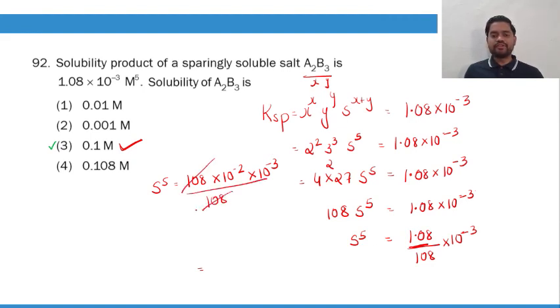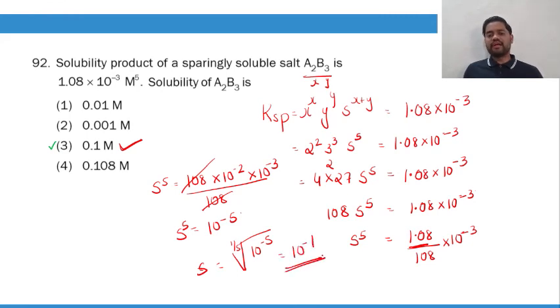So this 108 gets cancelled, and the value comes out to be 10 raised to minus 5, s raised to 5. So s is equal to what? Fifth root of 10 raised to minus 5, right? That is equal to 10 raised to minus 1, and yes, again coming out to be the same thing. 10 raised to minus 1 is 0.1 molar. Hence 92, option number 3 is right. Okay.